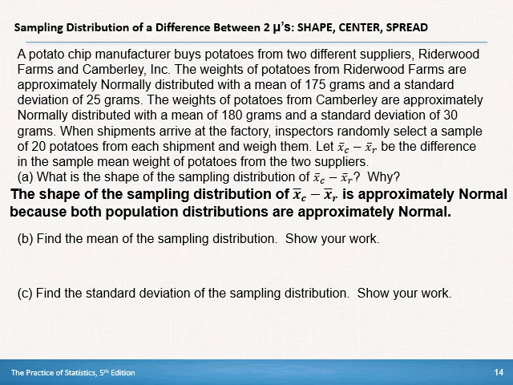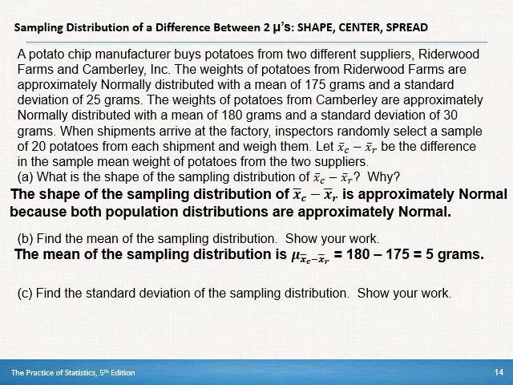All right, find the mean of the sampling distribution. Pause the video and then write it out. Okay, so the mean is simply the difference in the population mus. So that's 180 minus 175. Now, it's important that you set up which direction you're going.